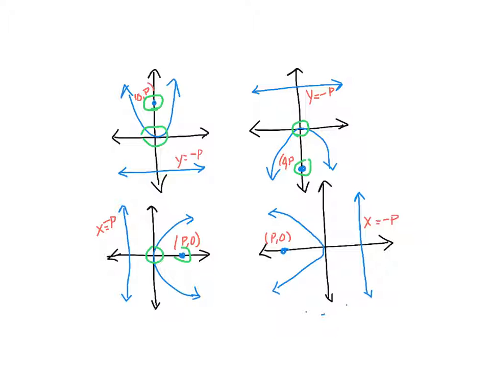As a matter of fact, there is an axis of symmetry that runs through them, and it's not always the y axis that does that.